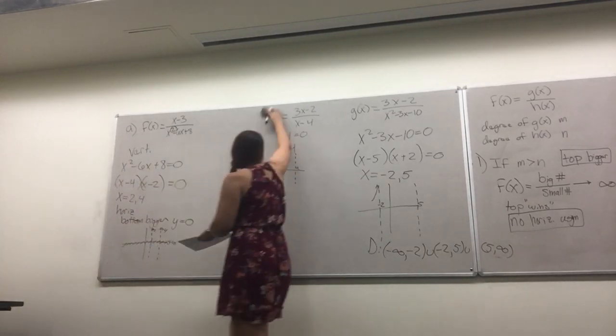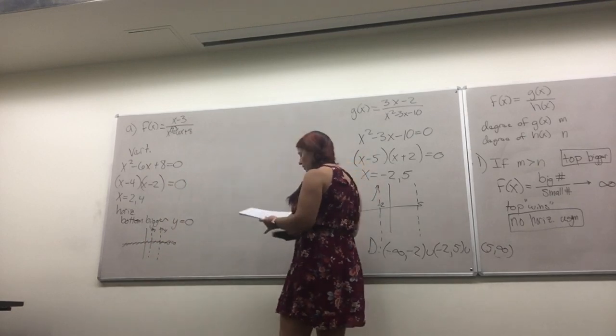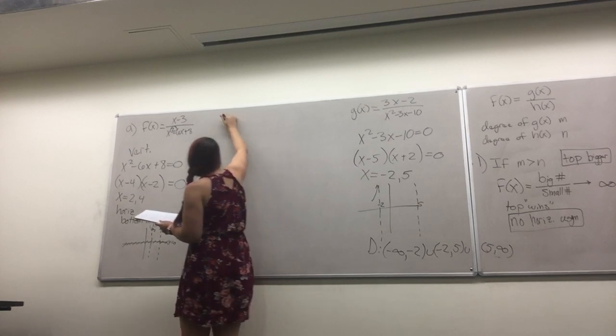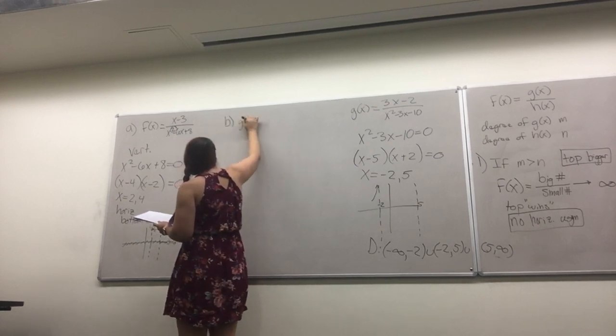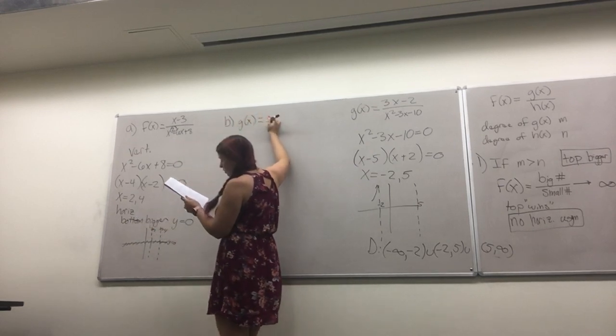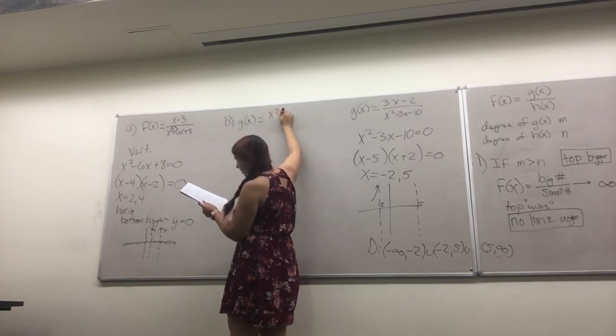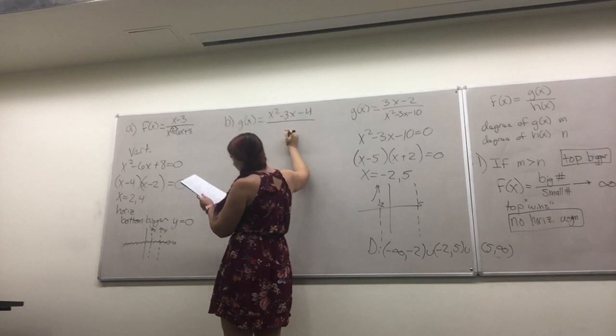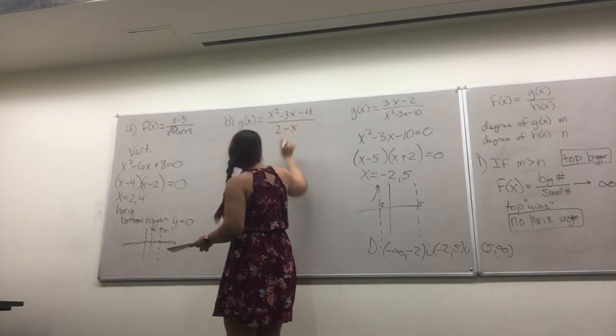All right, so then next is g of x is equal to x squared minus 3x minus 4 over 2 minus x.